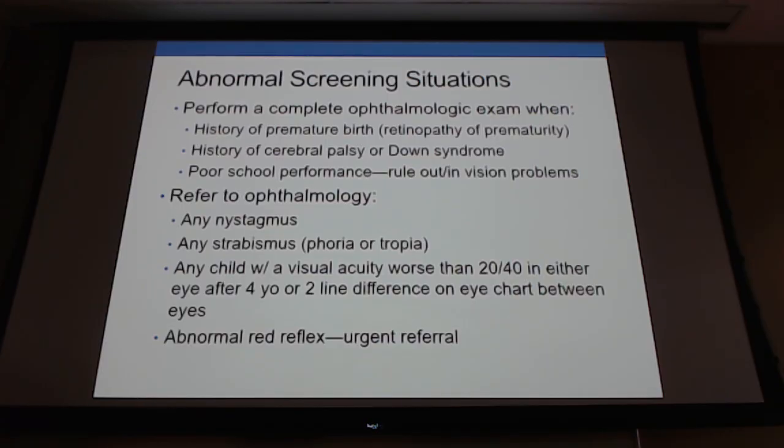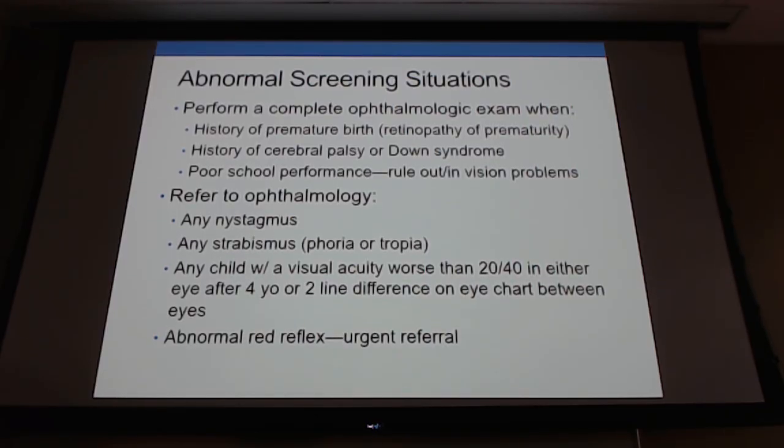And then anytime where you're having that poor school performance or school complaints, a full visual exam is the first thing. You see a kid with nystagmus, so even if it's not new, any kind of nystagmus in a child should at least be evaluated once by ophthalmology. Any strabismus that you are seeing and catching in clinic needs to go to say, do we need to patch or can we watch this?